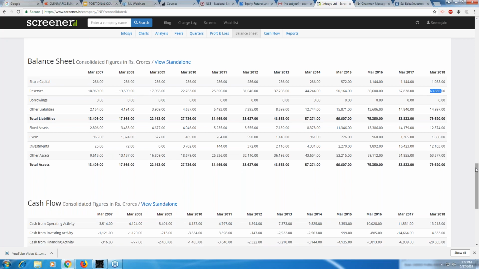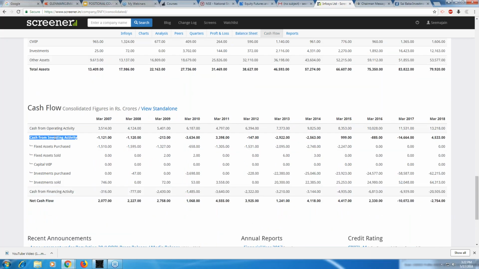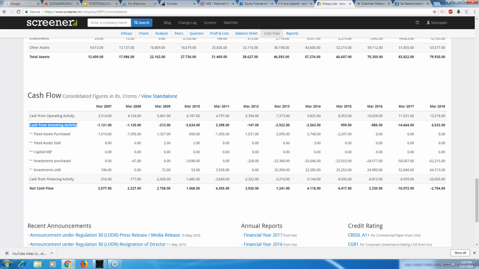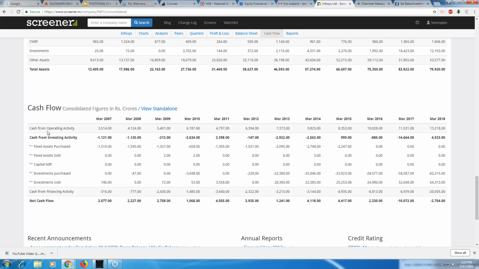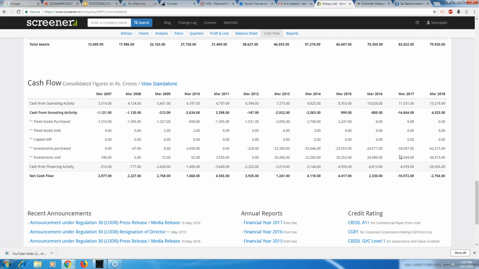So you can look into what's happening in cash from the investing activity. Basically they were purchasing assets, now they are not purchasing any fixed assets. Sold nothing, investments sold. They have sold so much of investments, right? Investment purchased are this, right? So what I'm saying here, although they have created a lot of cash from operating activity, they have actually purchased the investments, right?